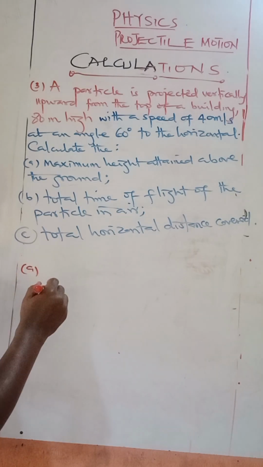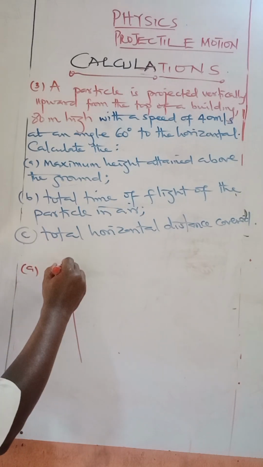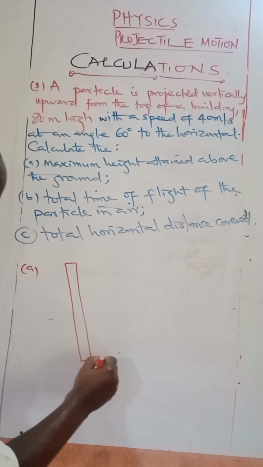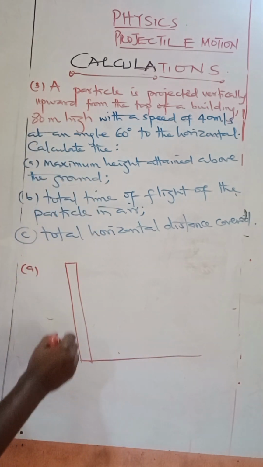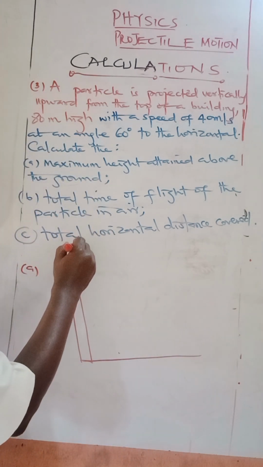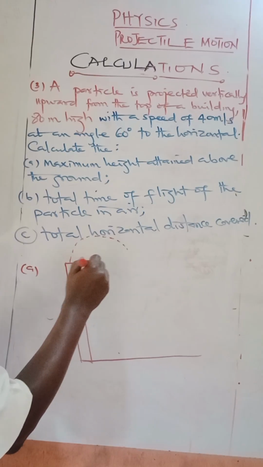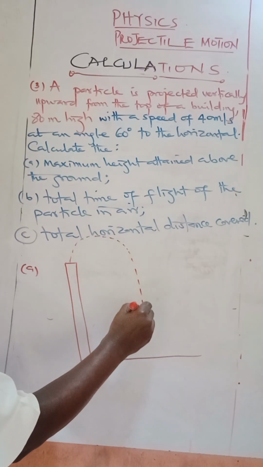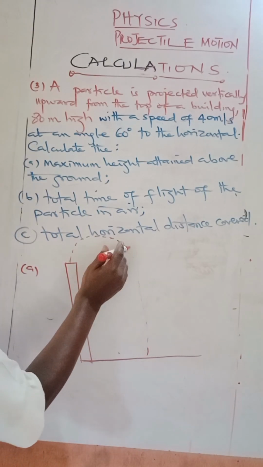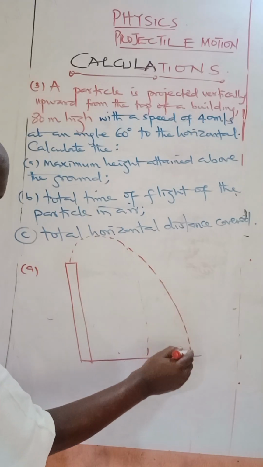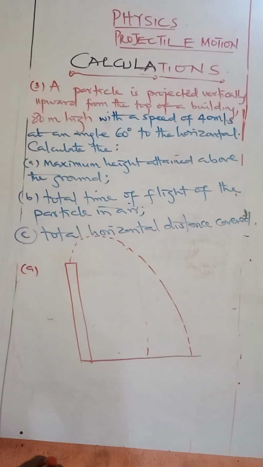Let's see the solution. Let's say this is a building, and this is the foot of the building. A body is now projected like this, then it will definitely land like that. This is what we have.